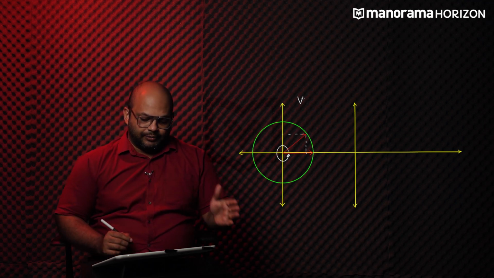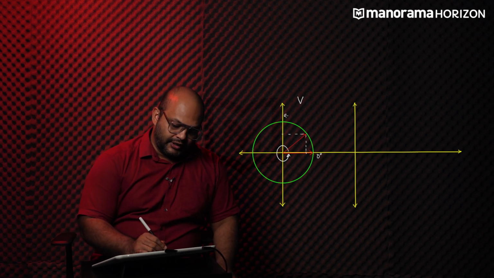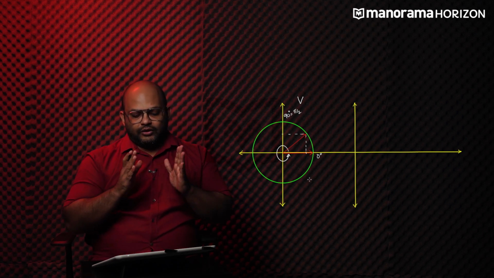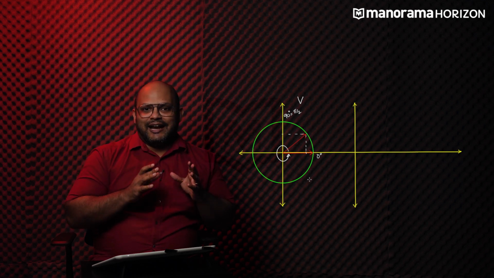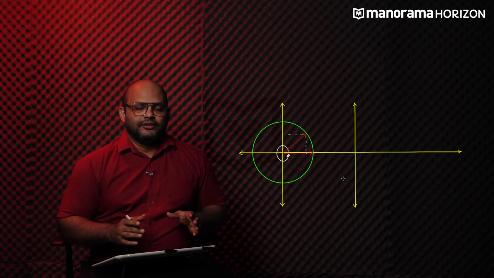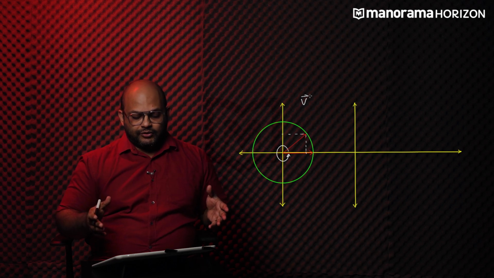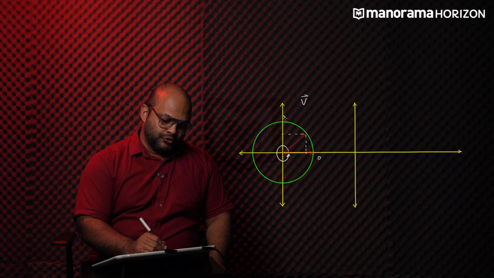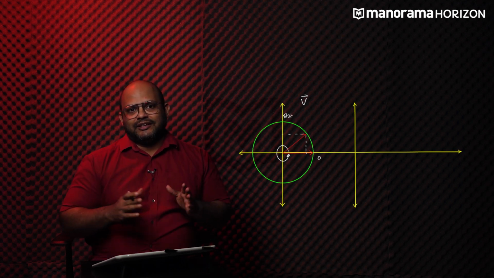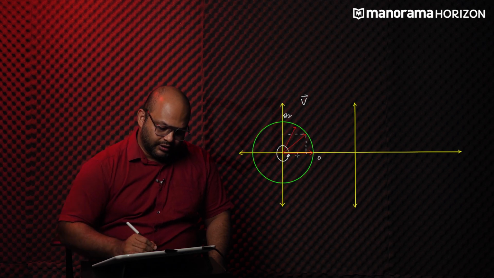As this vector rotates from 0 radians to pi by 2 radians, we observe that progressively the horizontal component of this vector is becoming smaller and smaller.